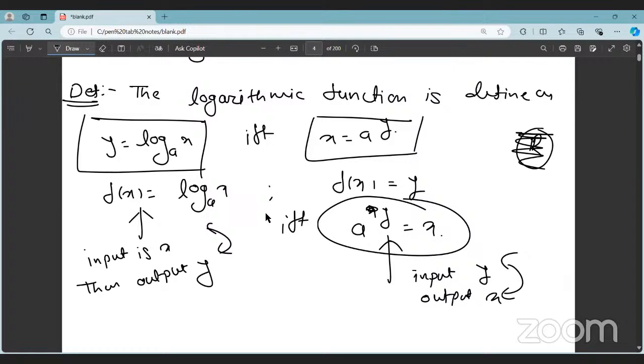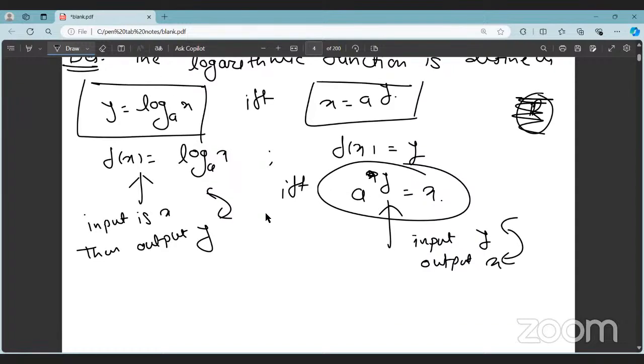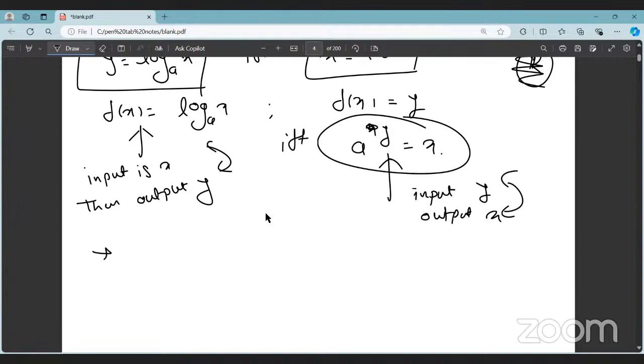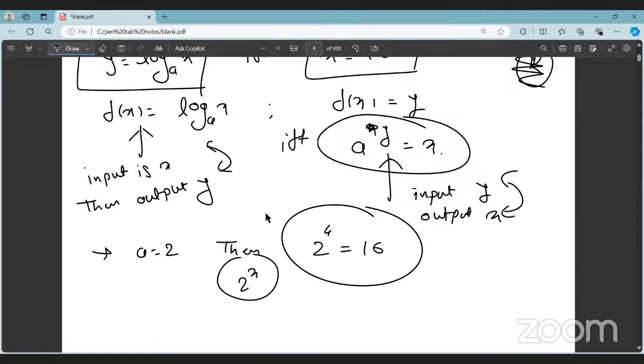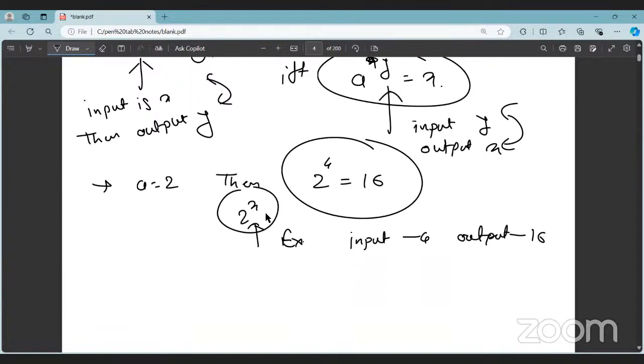Can you give a small example of this so that we can get the idea? Okay. See, if you take a to be 2, then what do we know? That 2 to the power 4 is 16, right? So in the exponential function 2 to the power x, I take the input to be 4 and I get the output to be 16. Now log base 2 of x will be that function which works as an inverse of 2 to the power x.